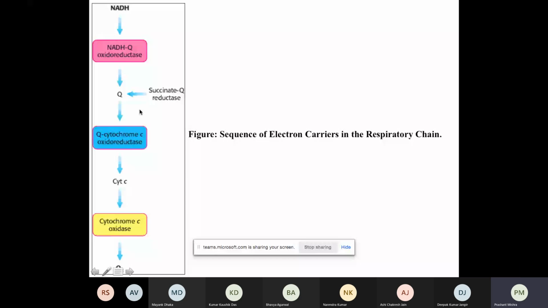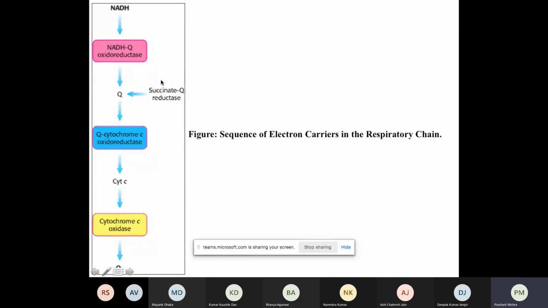These are the enzymes which are present in the subunit structure, and they are the ones responsible for transferring electron. And then the next step, cytochrome C, which is a water soluble protein, can transfer electron from cytochrome C oxidoreductase to cytochrome C oxidase. And finally, electron is being transferred from cytochrome C oxidase to molecular oxygen.